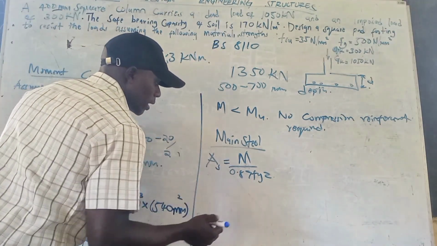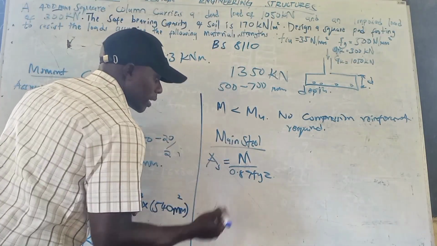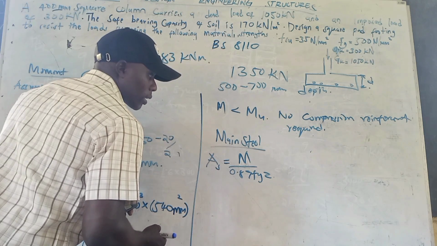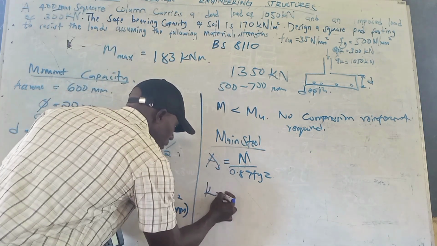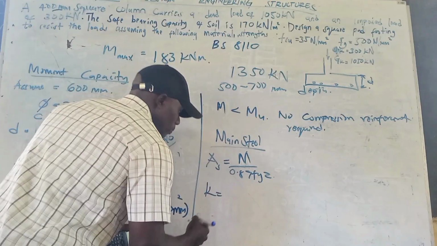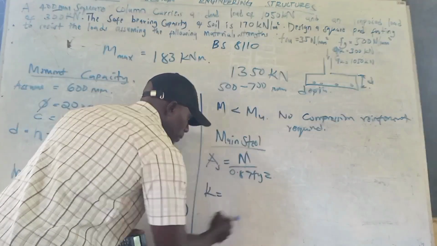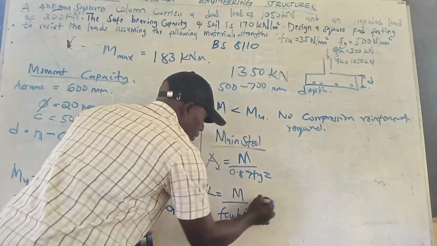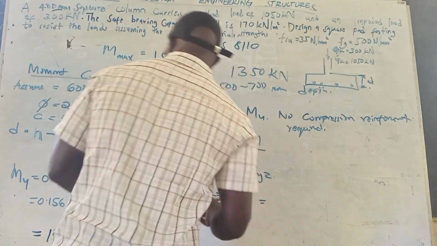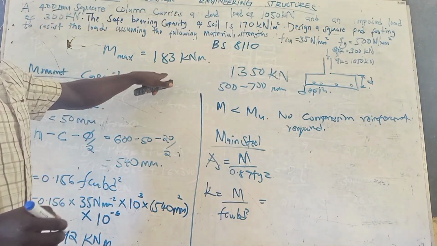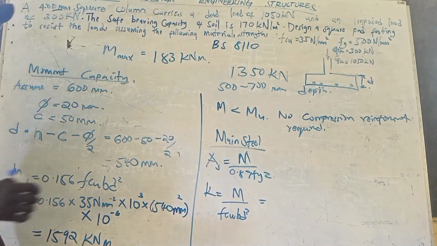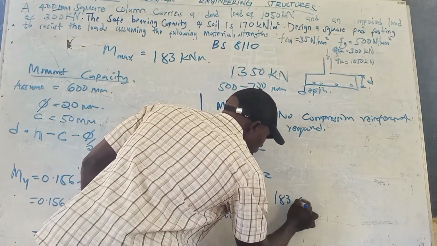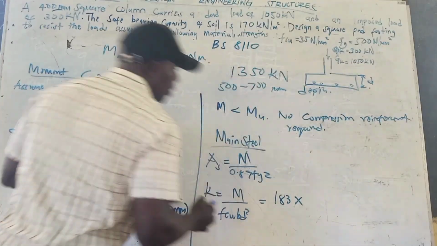Before we find the lever arm, we can also work out the stiffness factor K, which is obtained by M over fcu b d squared. In this case, our design moment was 183 kilonewton meter.